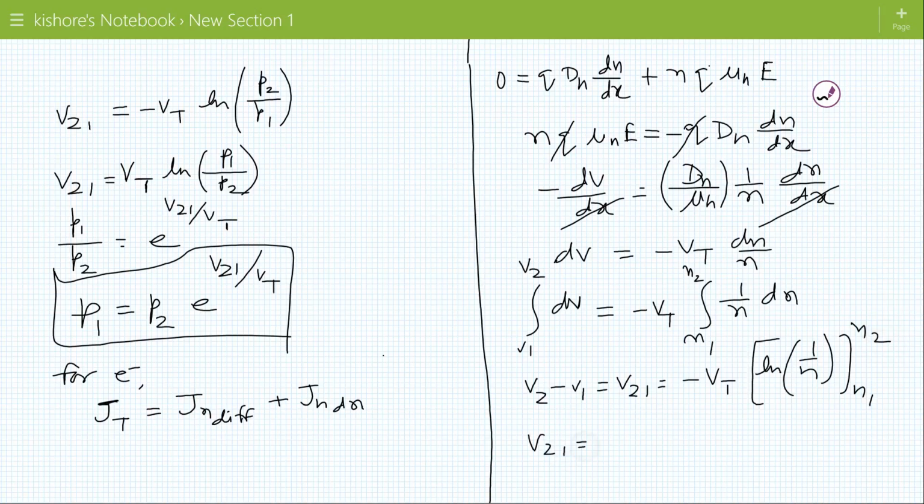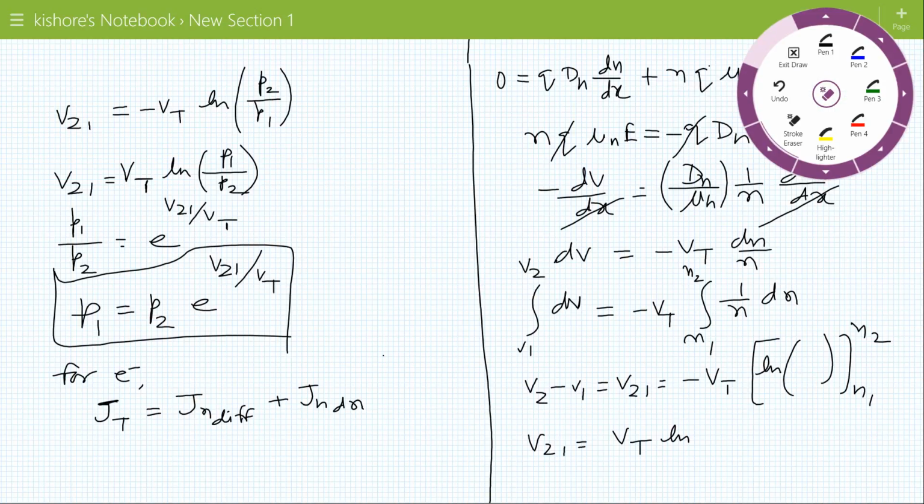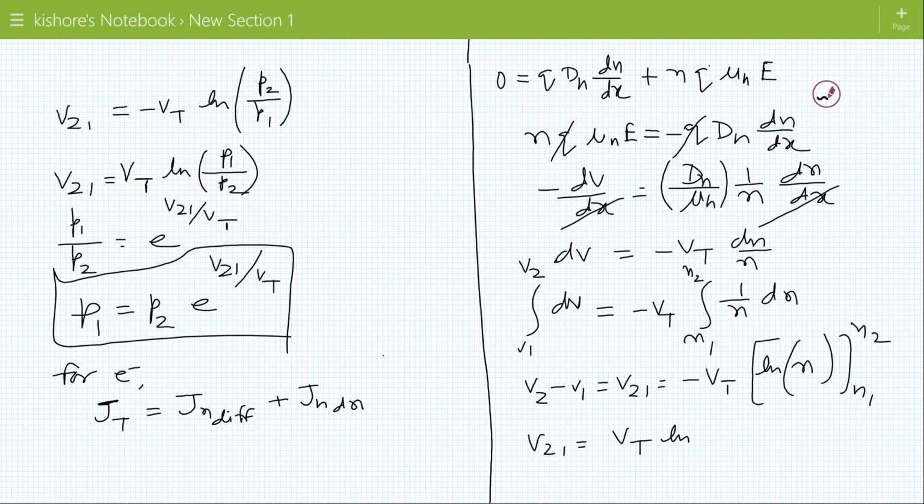So this V21 is Vt natural log of N1 by N2, or we can write N1 is N2 e to the power minus V21 by Vt.